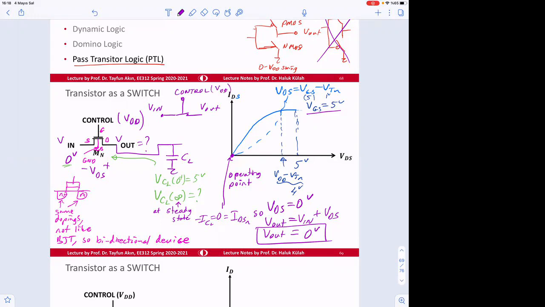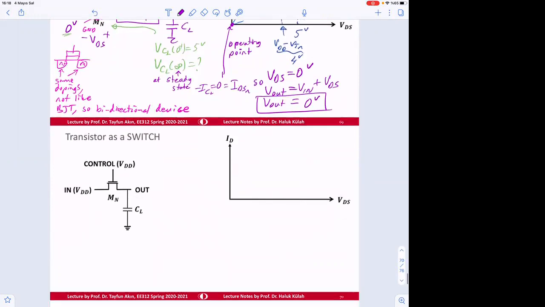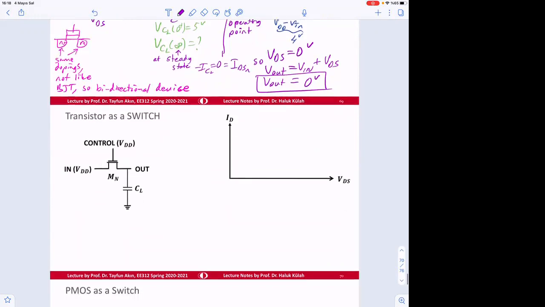This is like a perfect switch for zero input. The problem actually occurs if we want to use this to transfer high voltage.